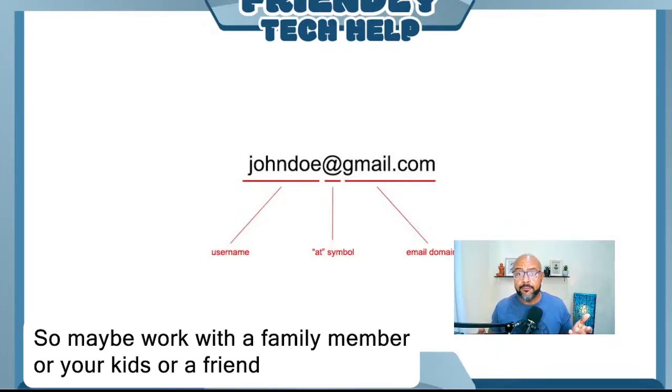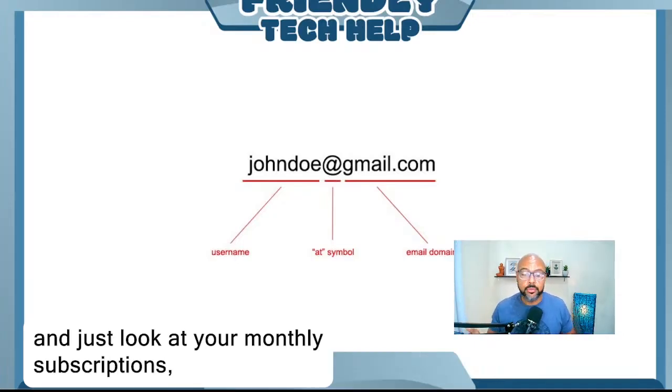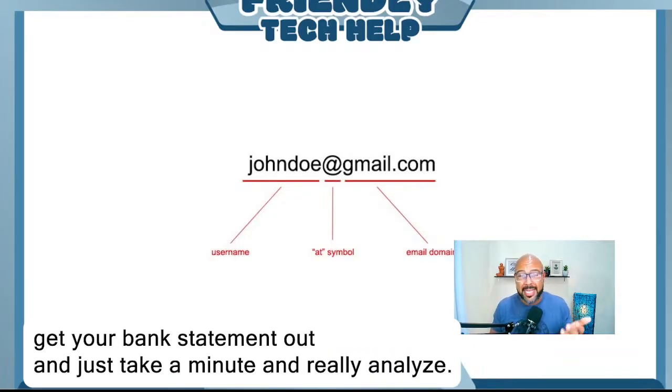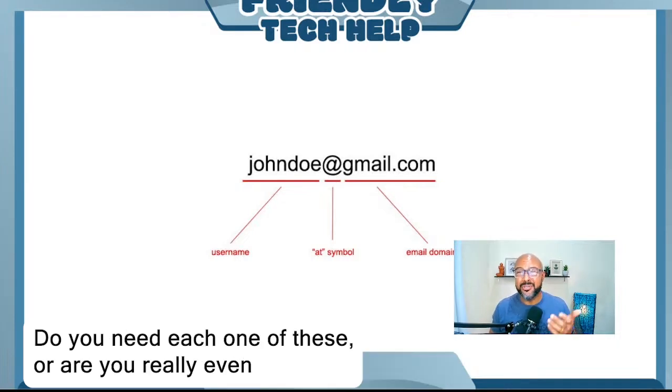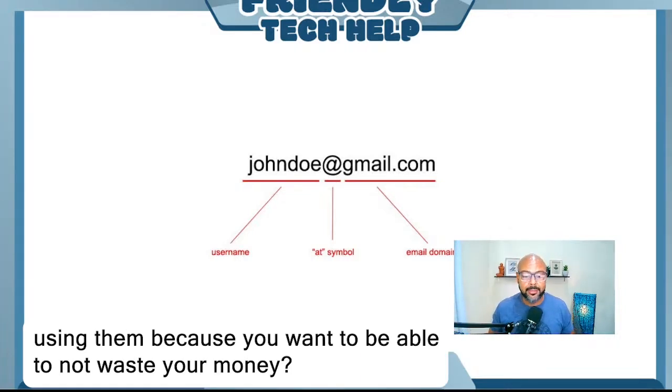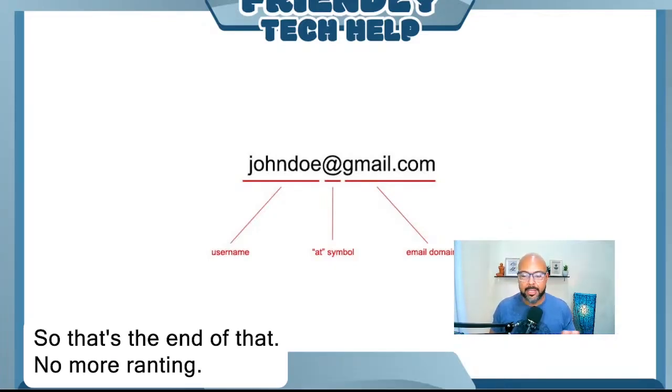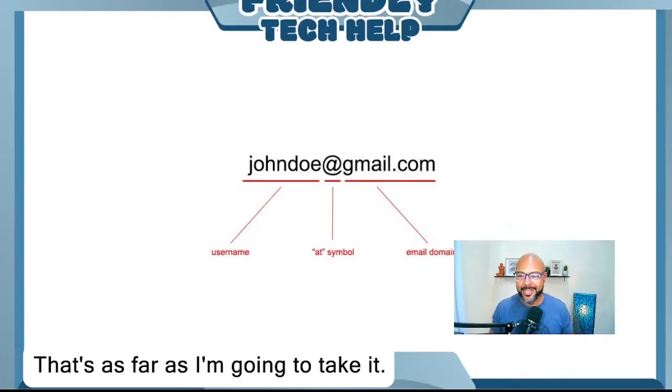So maybe work with a family member or your kids or a friend and just look at your monthly subscriptions, get your bank statement out, and really analyze, do you need each one of these, or are you really even using them? Because you want to be able to not waste your money. So that's the end of that. No more ranting. That's as far as I'm going to take it.